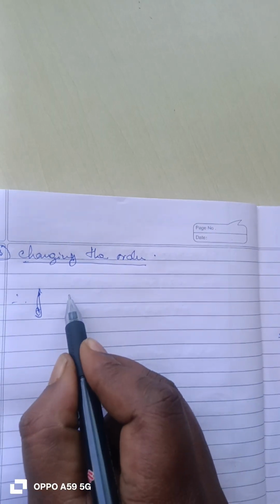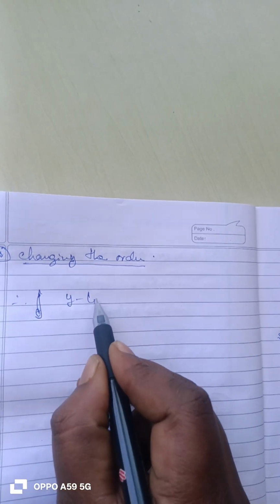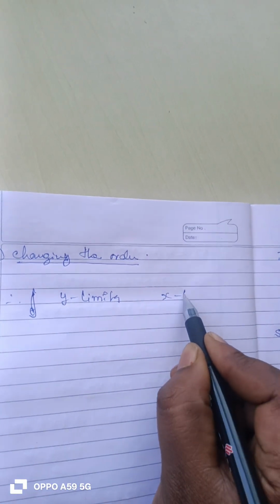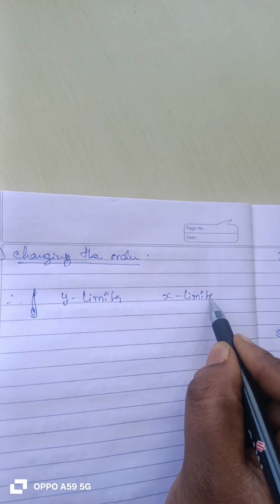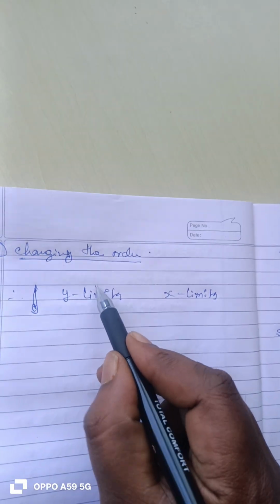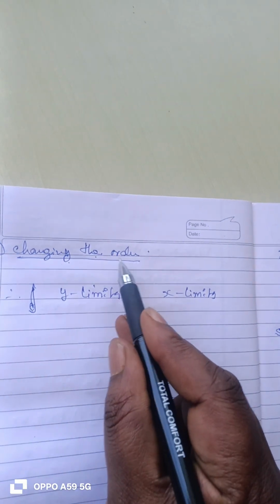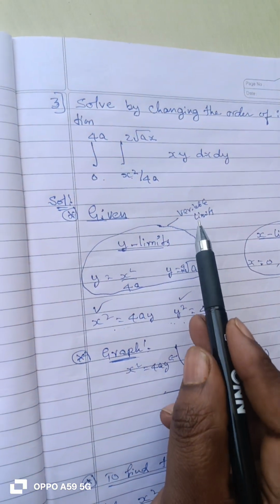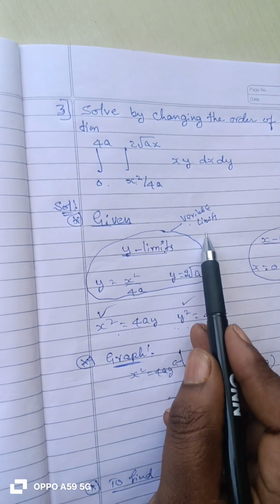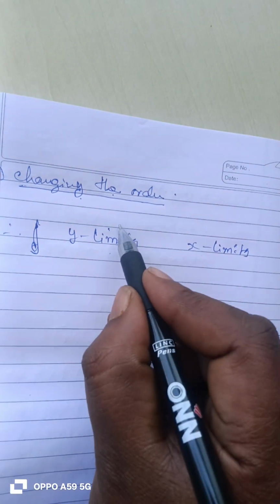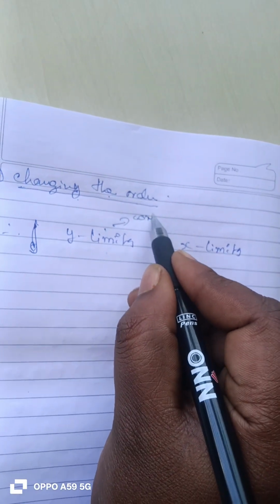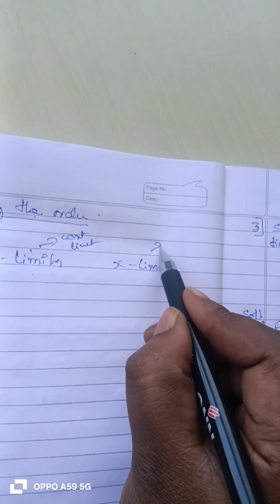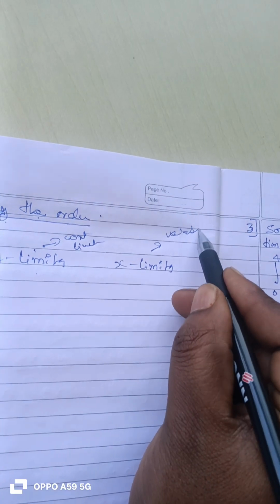This is the y limits, and one more, it is the x limits. In changing the order, whatever they give y as the variable limit, now this y will become a constant limit. Now this will become variable limits.